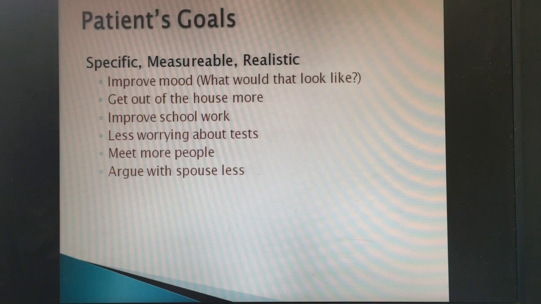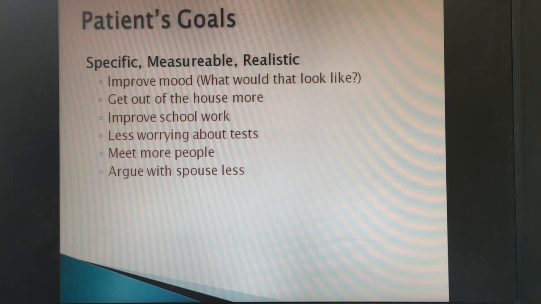In practically every session we should be looking at those goals and asking the patient, are these still the goals, or should we change them? Have we met them and now we need to add something else, or maybe they're not as important anymore as the patient had originally thought. But in every session, those goals are going to be very important for knowing what we should be focusing on. So let's talk about the goals.